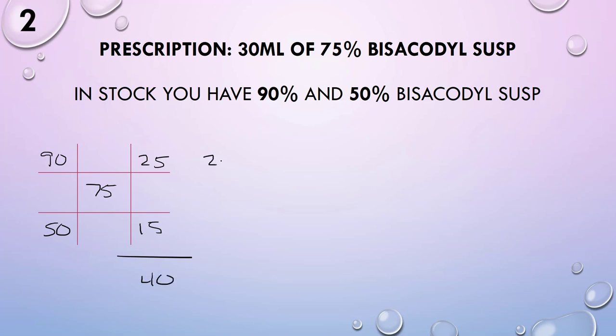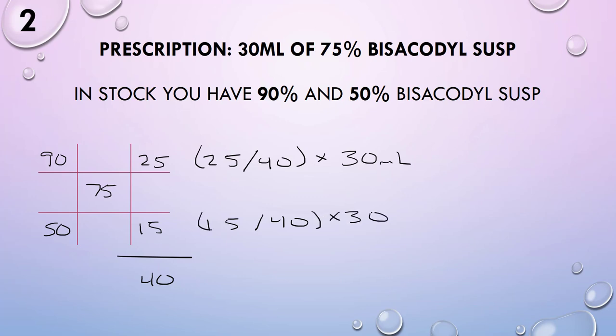Now we figure out exactly what we're going to need. So 25 divided by 40. I put that in parentheses just so you know to do that first. Multiply that by the total quantity, 30 milliliters. Here we have 15 divided by 40, and we're going to multiply that again by the total quantity, 30 milliliters.